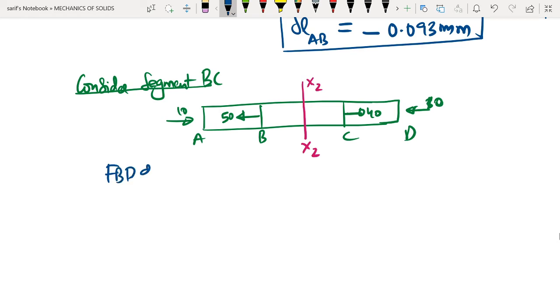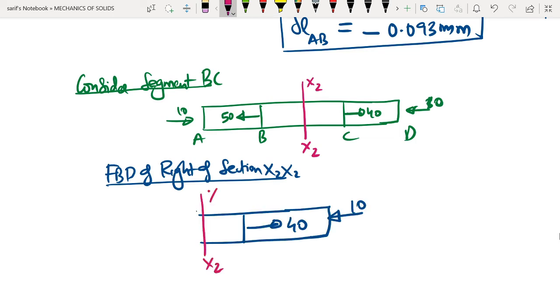So, FBD of the right of section x2, x2. Now for the equilibrium of this particular segment of the bar, we require an equilibrating force of 30 kilonewton to act in this direction.